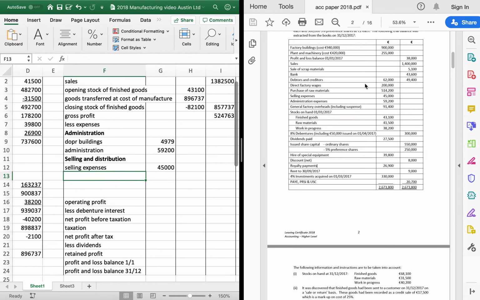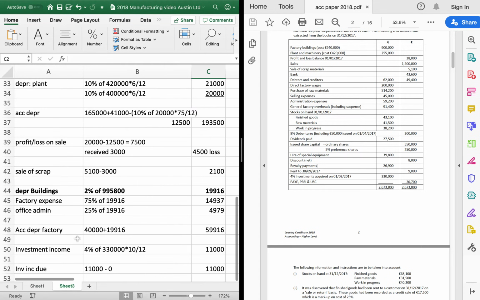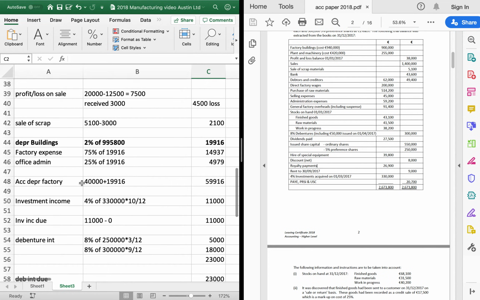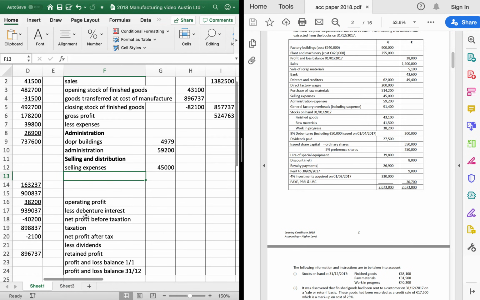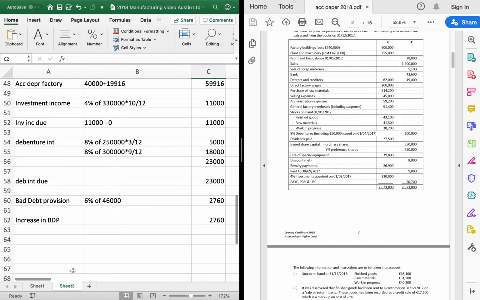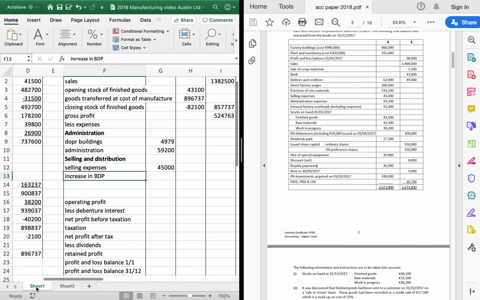Just have a look, see if there's any more in the debit. On those, discount is another operating income. Royalty payments we've done. Rent is other operating income. So that's just the two of them, unless there's any of the workings. There is the bad debt provision, the increase in bad debt provision of 2,760, selling expense.